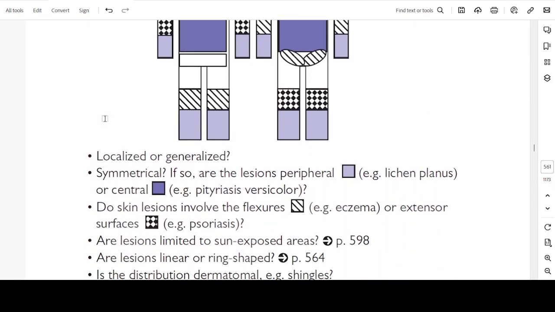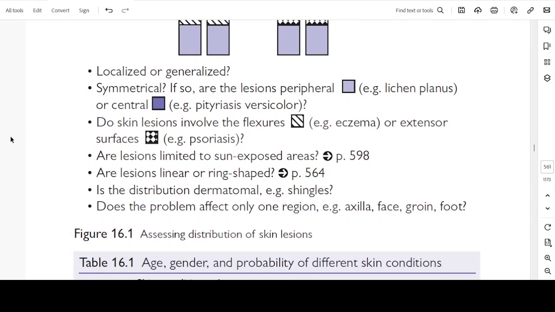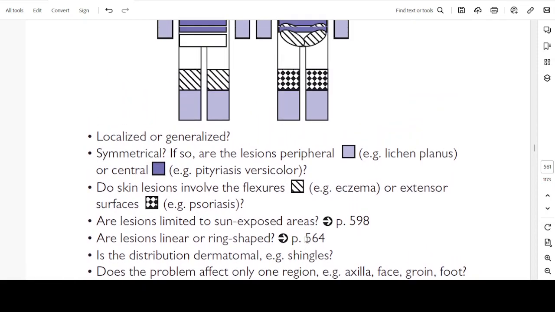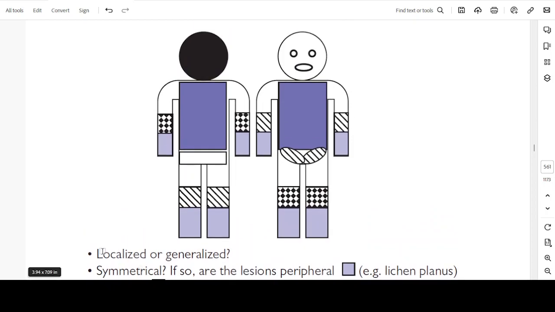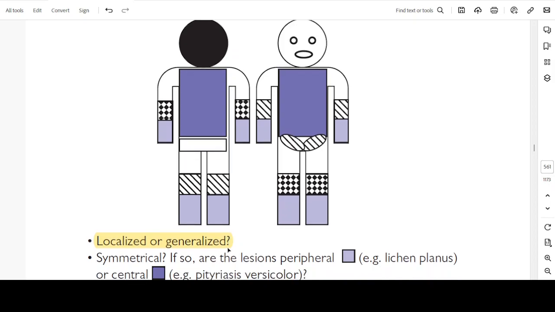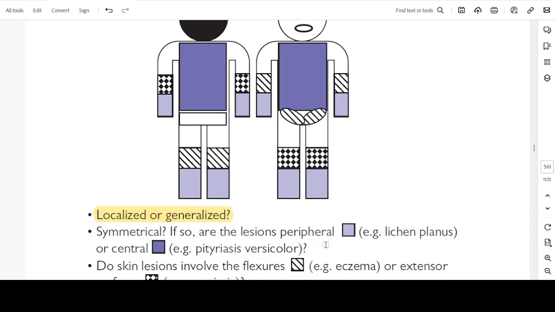So this one is the picture, page 6, figure 16.1, assessing the distribution of skin lesions. So we have to see whether it is localized or generalized. And if symmetrical, the lesions are peripheral, that is lichen planus, these are peripheral lesions, or central, like pityriasis versicolor.